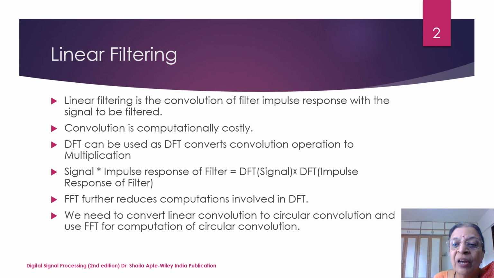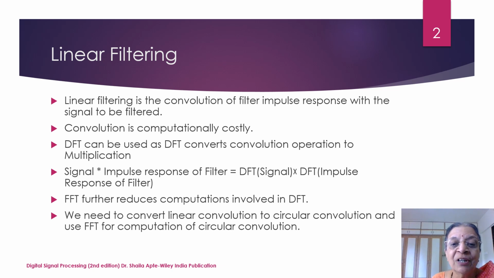Now, we can use the FFT algorithm that we have studied, which will reduce the computations involved in DFT. So we can make use of DFT for converting convolution into multiplication, and then we'll have to use FFT for computation of the DFT.